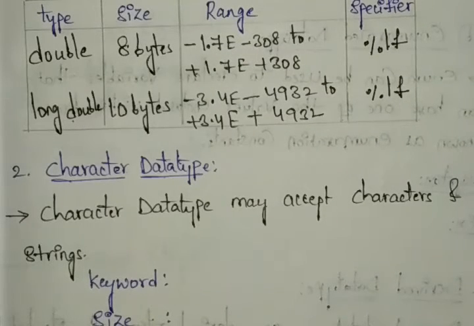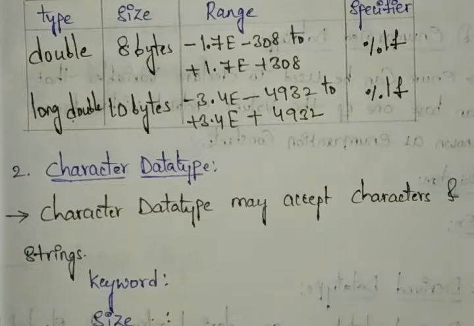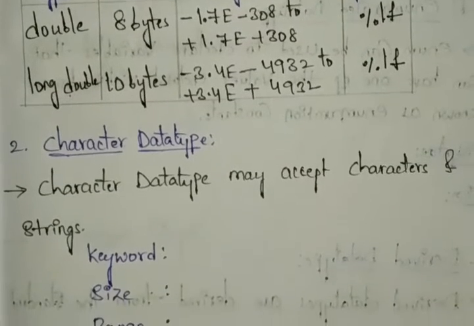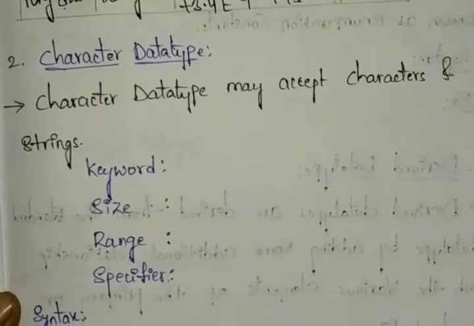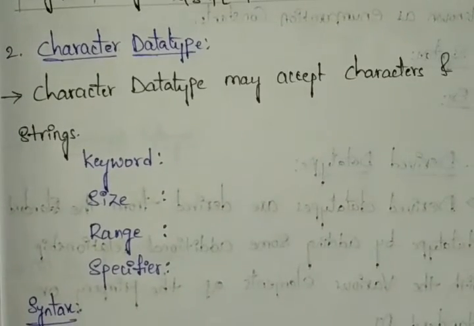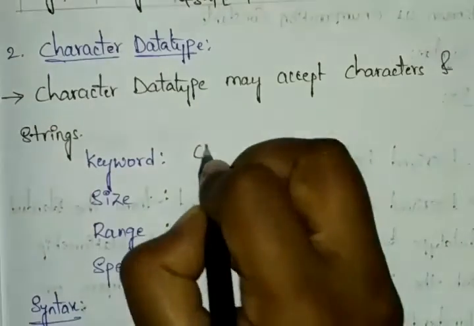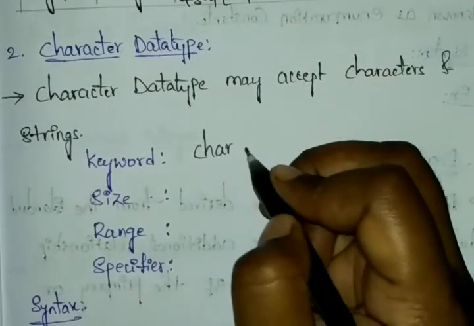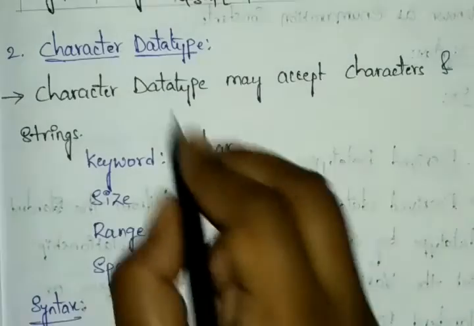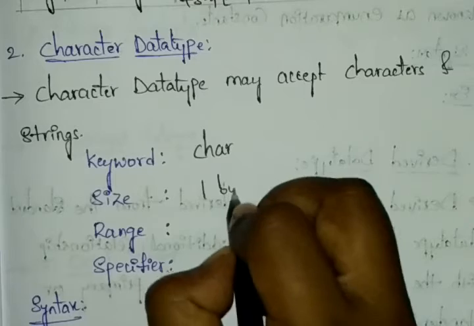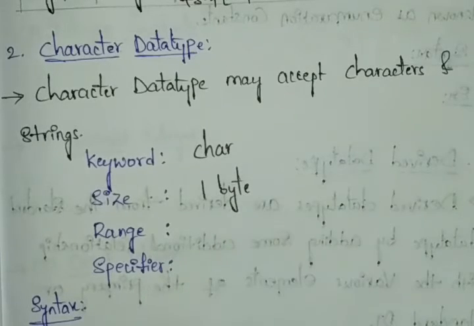This data type accepts only 1 byte of memory. So let's see the keyword. What is the keyword for the character data type? Here char is the keyword for the character data type. And the size is only 1 byte of memory, meaning 8 bits.